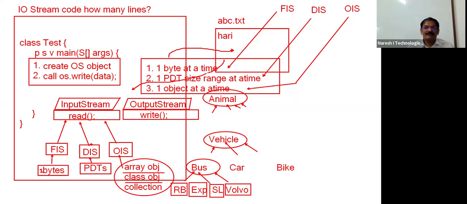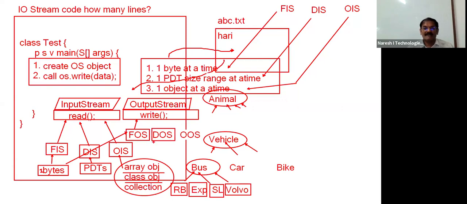And tell me, when you read one byte, first of all I have to write the data in 1 byte range or not? Then the output stream class has subclasses. What are the names of the subclasses? File output stream. Data output stream. Object output stream. FOS is meant for writing 1 byte data.